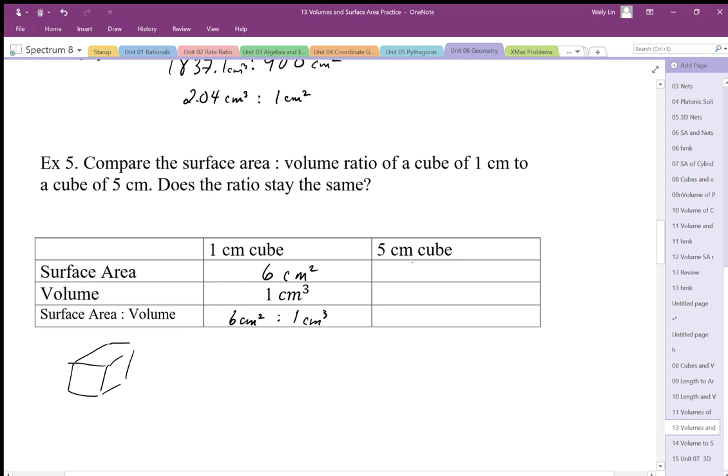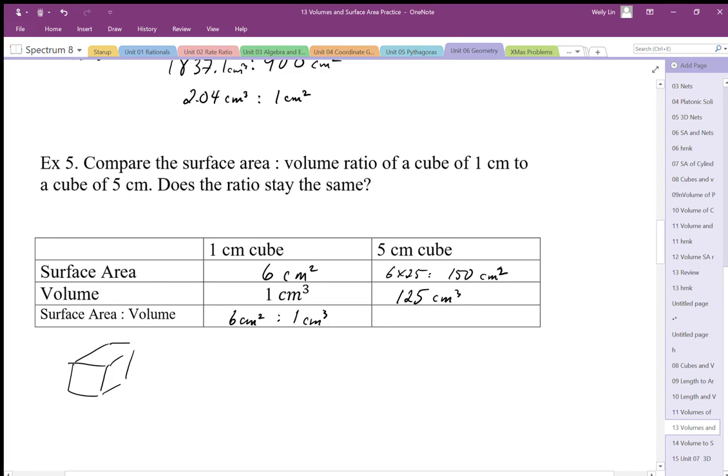If I take a 5 centimeter cube, every side is going to be 25 centimeter squares, and there's going to be 6 of them. So I'm going to go 6 times 25 gives me 150 centimeters squared of surface area. The volume of a 5 centimeter cube is going to be 5 cubed, or 125 centimeters cubed.